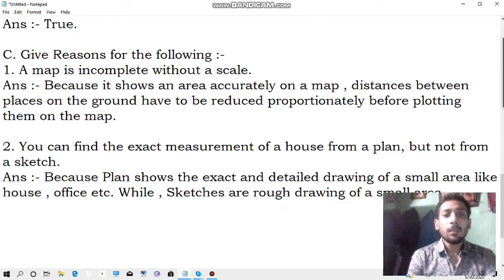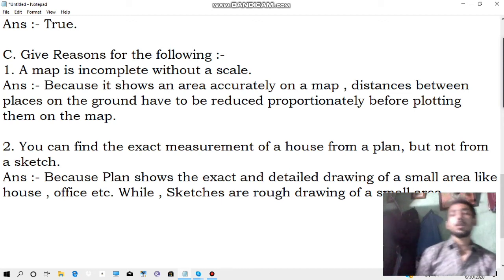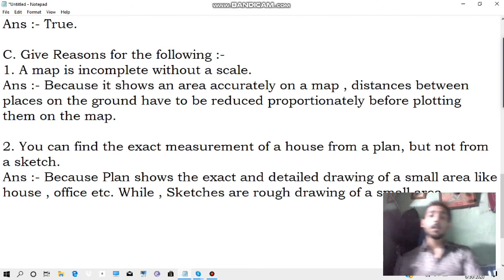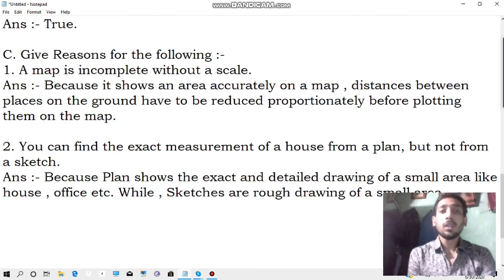A map is incomplete without a scale. We have to justify how a map is incomplete without a scale. The reason is because a map shows an area accurately. If there is a particular area on a map, we can observe the area very accurately.